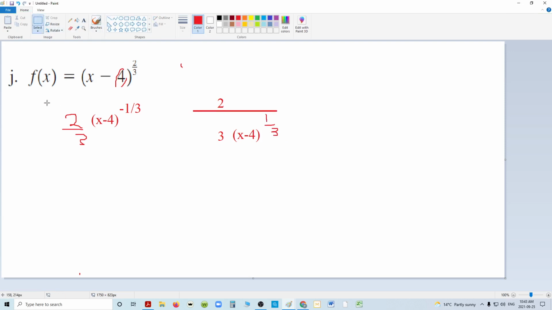Interesting. That's interesting to me, because that's going to indicate that there is no maximum. Oh, you know what? That's the mistake I made.